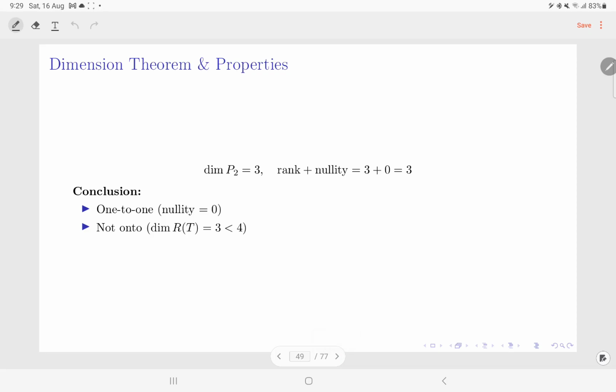Again, by the rank nullity theorem, the rank will be 3 and nullity is 0. When nullity is 0, that means this is one-one. And when the range is the complete W space, R2, then this is your onto function.